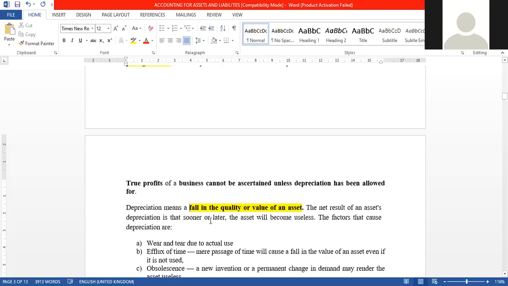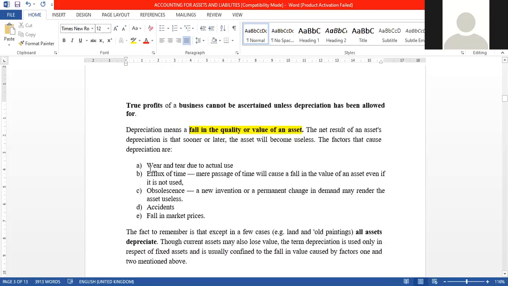The factors that may cause depreciation: one is what we call wear and tear. That is due to actual use. You are using it, it is wearing out. Then we also have the efflux or passage of time. Number three, we have obsolescence, where it becomes obsolete or useless.